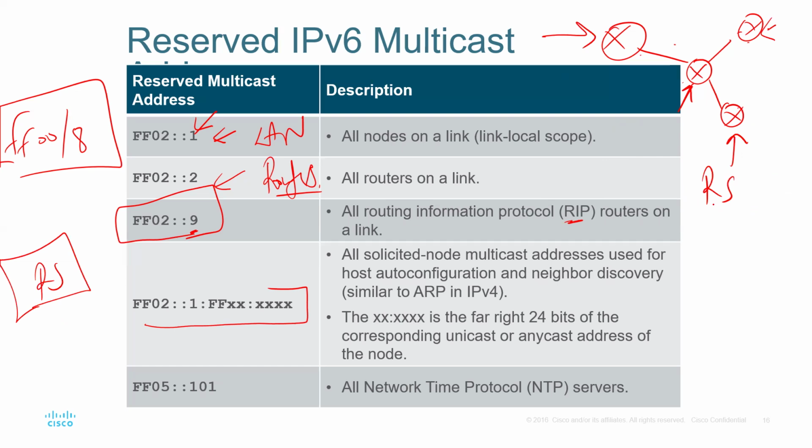RS is sent from all these devices, and when it reaches here, the RA response is sent here. It should be a solicited multicast. Solicited multicast in the sense that wherever an RS was sent, a response arrives. But for a device that did not send an RS, the response does not arrive because it did not ask for information. I don't know if I'm making myself clear, but I hope so.